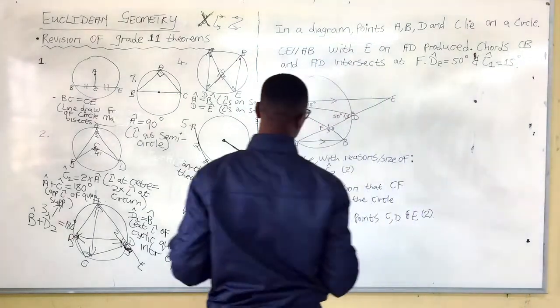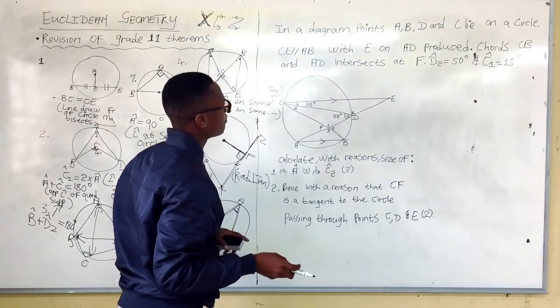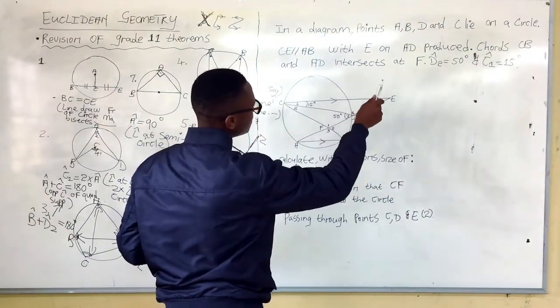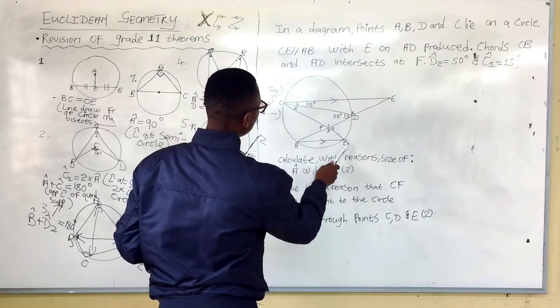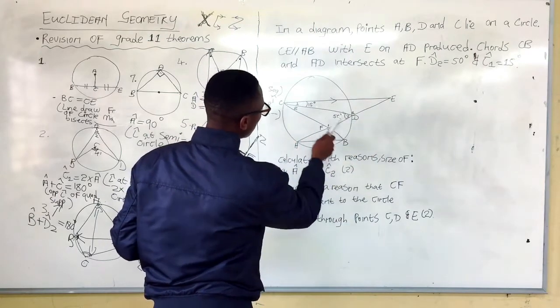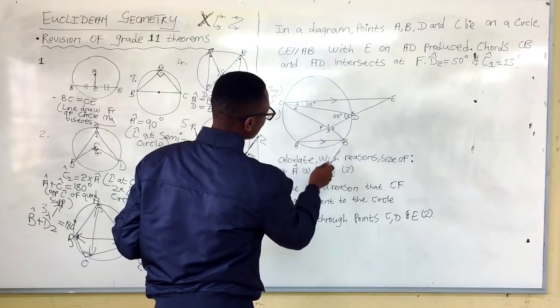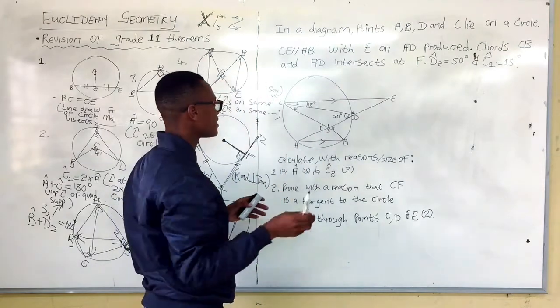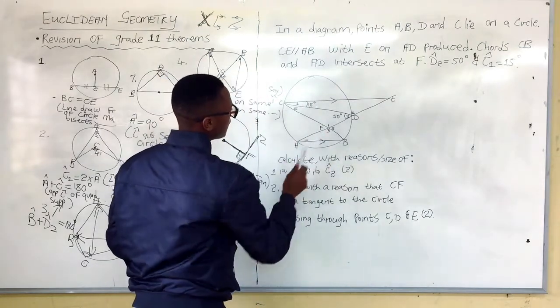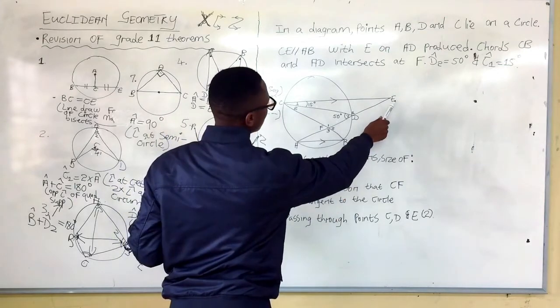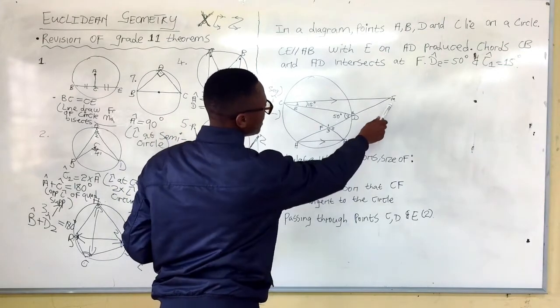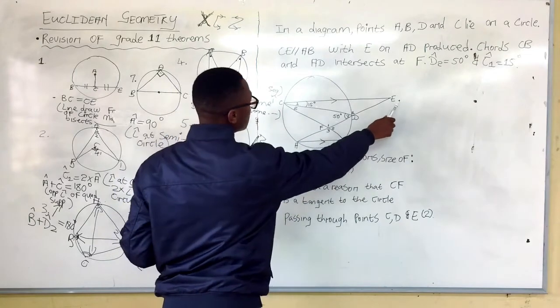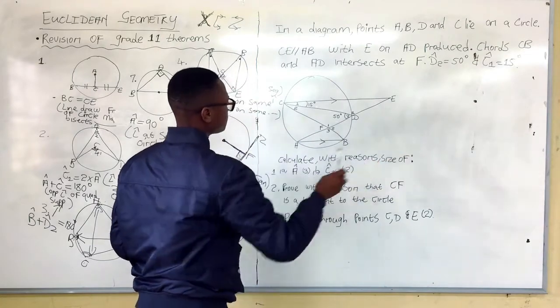So in our question, we have these points A, B, D, and C. These 4 points lie on our circle. All of you can see that they touch our circle. And then this point E is produced outside.